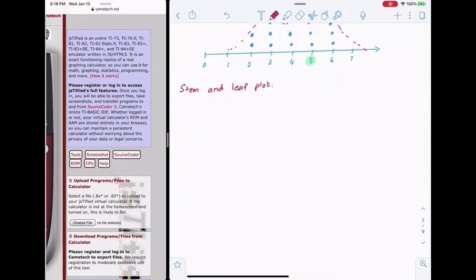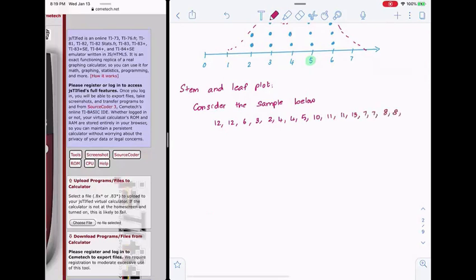So let's consider a sample, a discrete sample. I guess that's good enough.